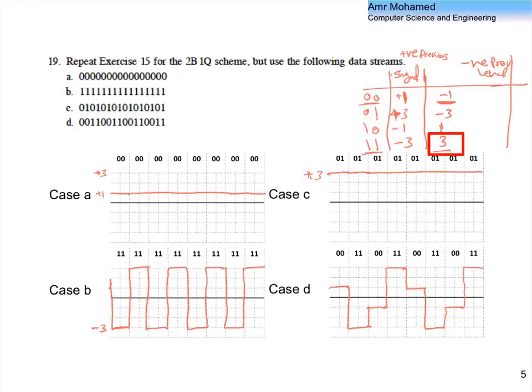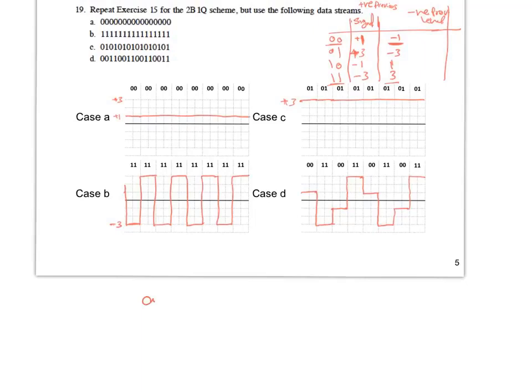Okay, so that's a little bit tricky. Again, we'll calculate the average number of changes.